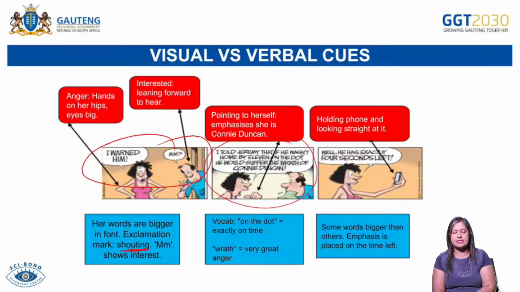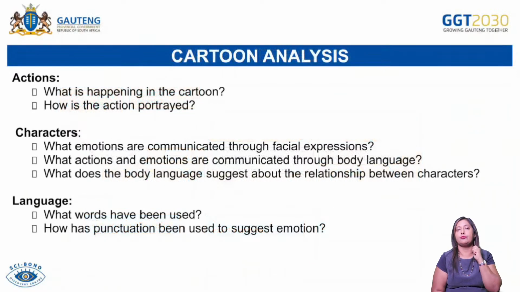And the 4 seconds left, you can see it's a larger font there than the previous frames, and it's emphasizing the time that he has in which to respond. Also the fact that her body language is showing that her hand is far drawn out and she's holding the cell phone in her hand, showcasing that she's looking straight at that cell phone, expecting him to respond within those 4 seconds.